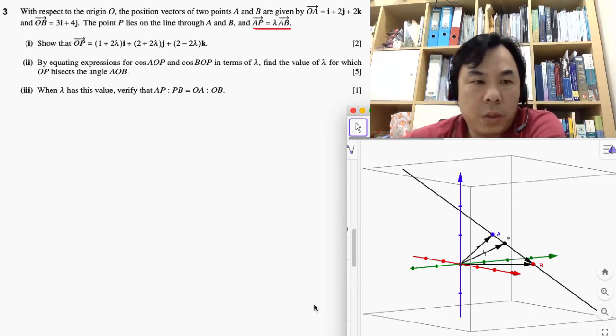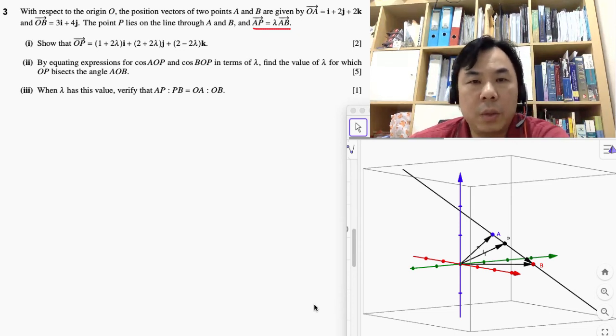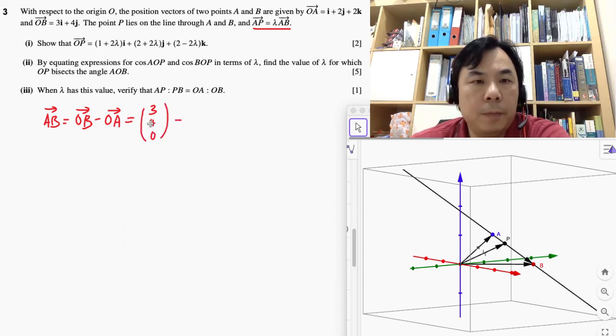So the first question, we're going to show that OP is equal to this. All right, now how are we going to do that? It's quite simple. First of all, we're going to work out the vector AB. So vector AB is given by this. Okay, so from here we have 3, 4, 0, and then OA.